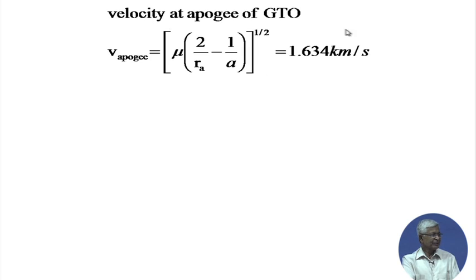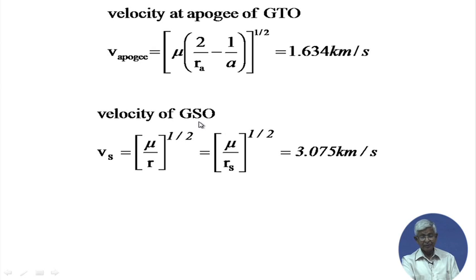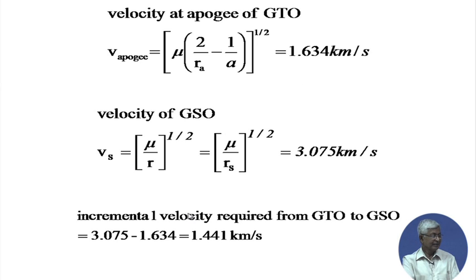And then the velocity at apogee of that particular elliptical orbit, you can put Ra, and velocity will be 1.6 kilometers per second. Whereas at GSO we have calculated earlier, the velocity is supposed to be 3 kilometers per second. So, this difference is to be applied, and the incremental velocity from GTO to GSO is 1.4 kilometers per second.